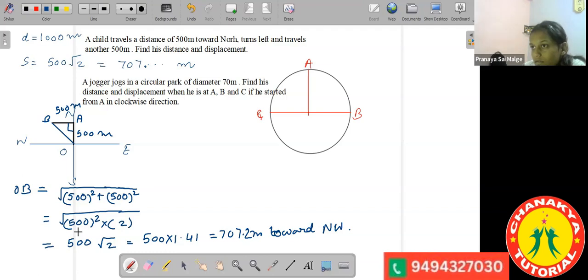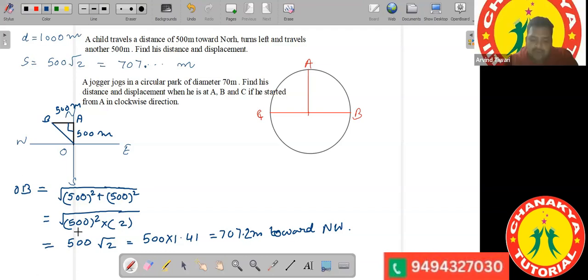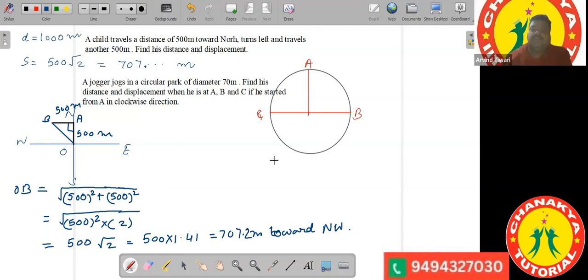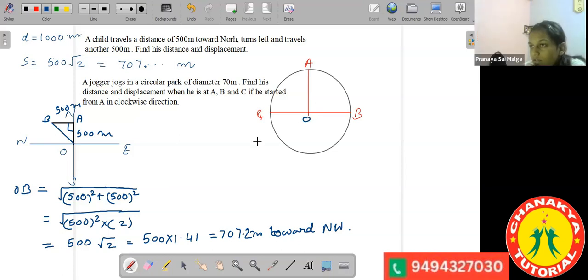A, B, C. So first thing is, are A and C at equal distances? This is from the center. This is the center of the circle O. Okay, got it, sir.